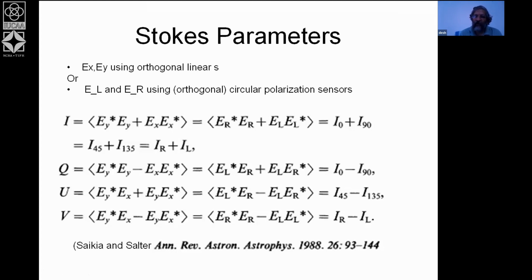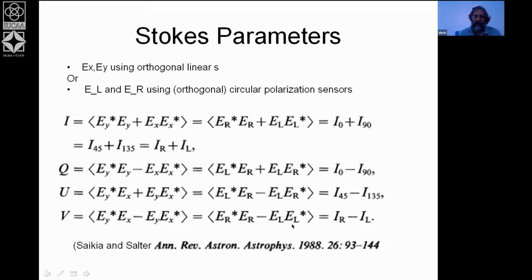So this is a difference between the two orthogonal linears, and this is the difference between the two orthogonal linears if the system were to be rotated by 45 degrees. And V is simply the net circular polarization, which is the difference between these two.